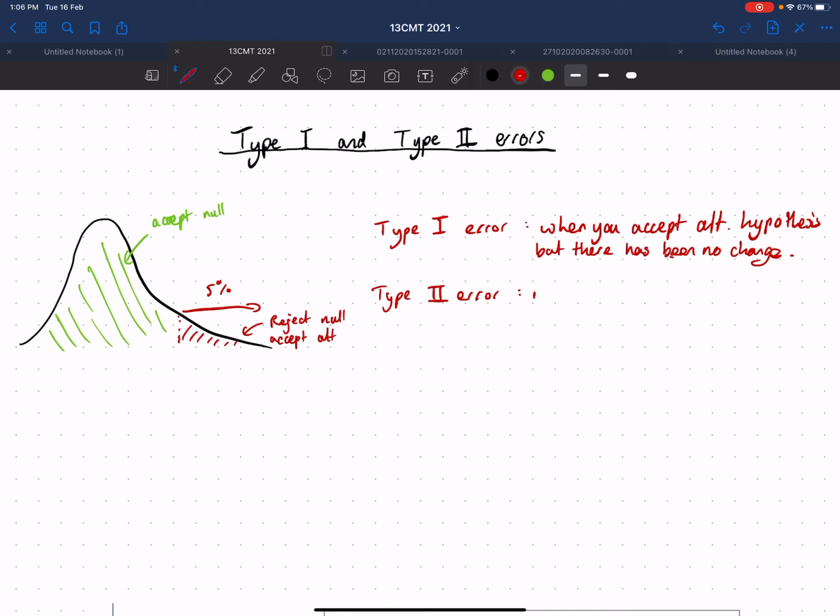So that is when you accept null hypothesis, but there has been a change.